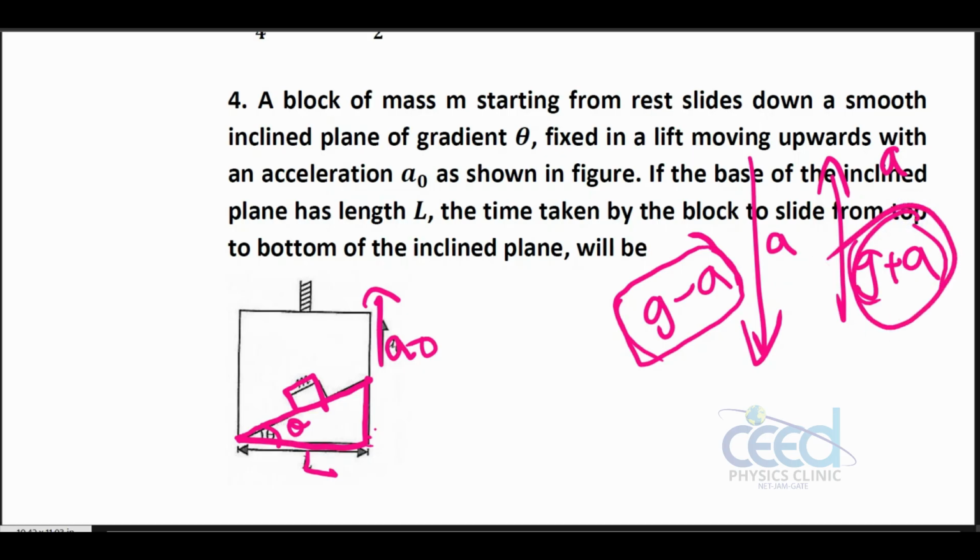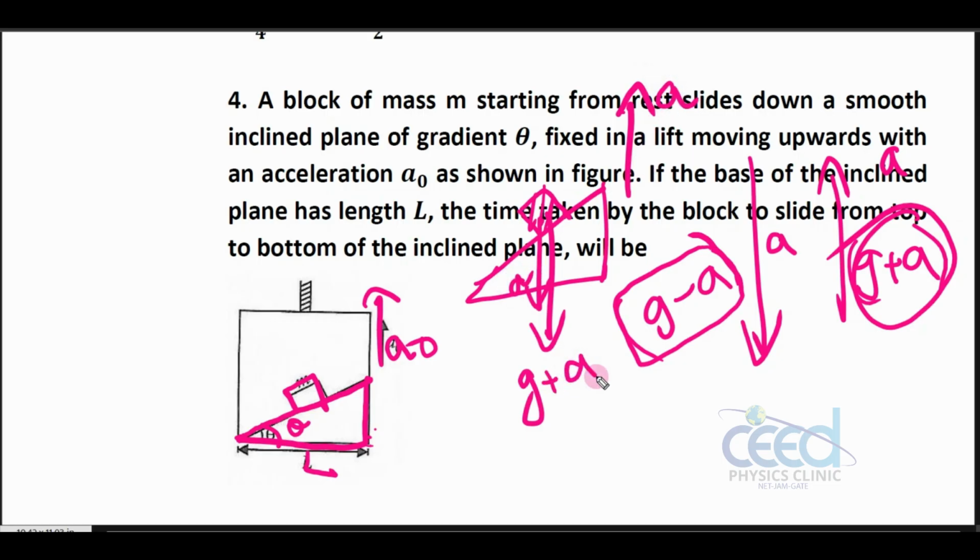Here it is g plus a, since it is going upward. Here mg acts downward, and when the lift goes up, an opposite acceleration due to the fictitious force also acts, so it is g plus a.